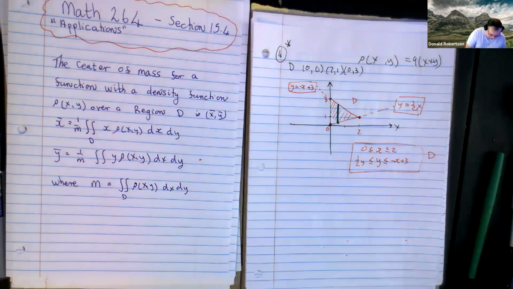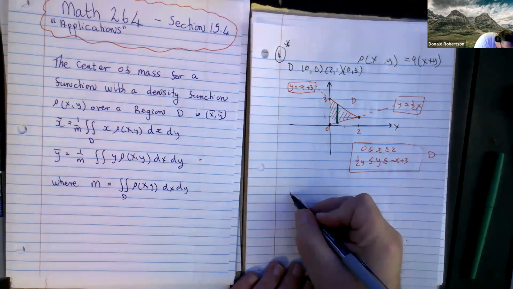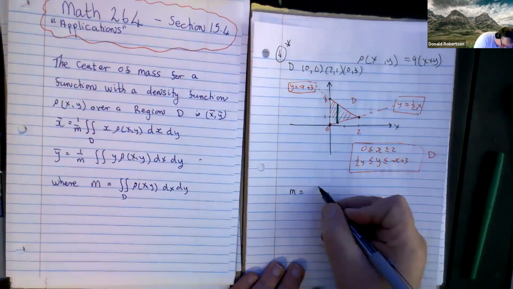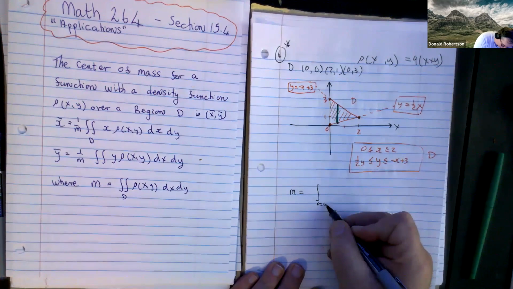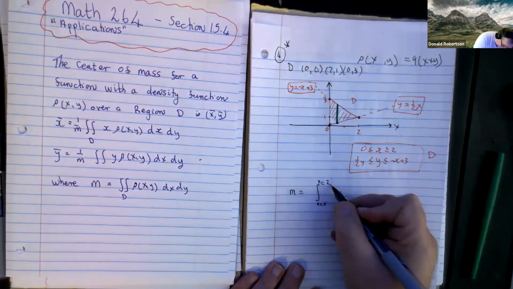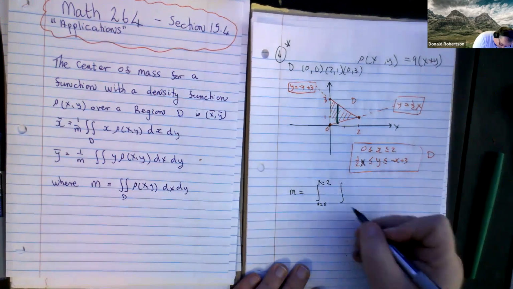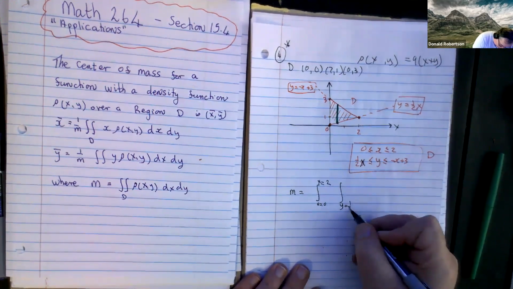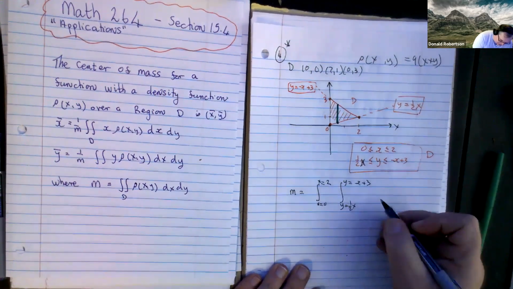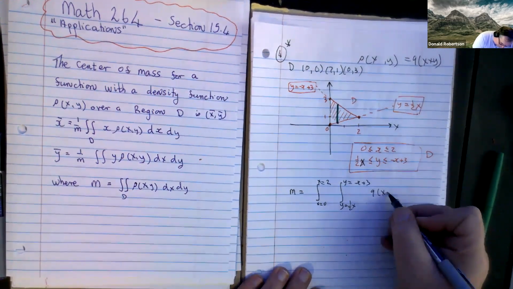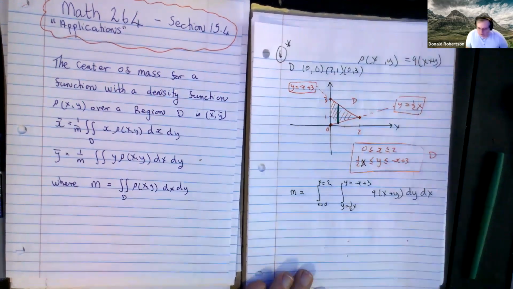That's the limits of integration. So to get the mass, it's going to be the integral from x equals 0 to x equals 2, and from y equals a half x to y equals -x add 3, of the density function, dy dx.